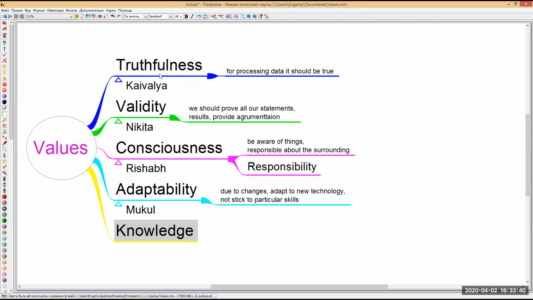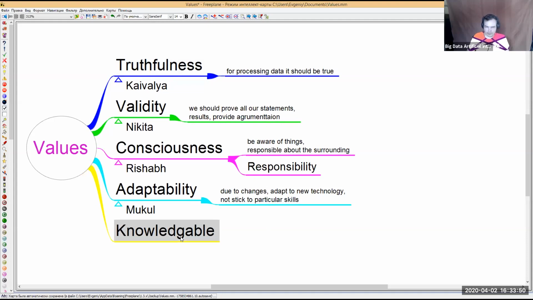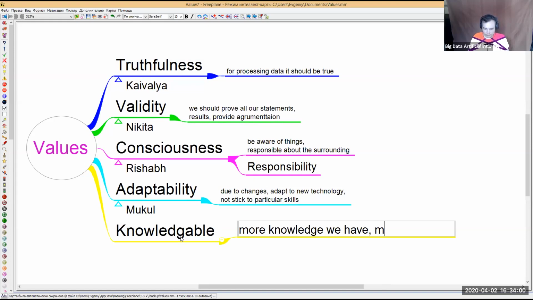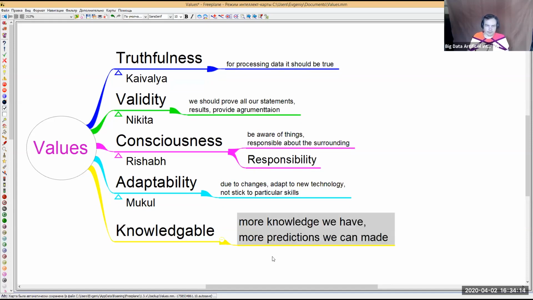Yeah, as a data scientist, the more knowledge our data has, the better prediction we can make. Knowledgeable. The more knowledge we have, the more friendly. Okay, that's correct.